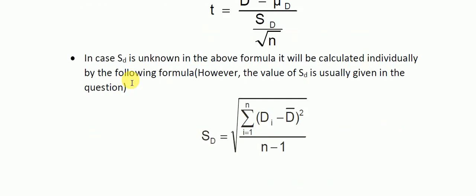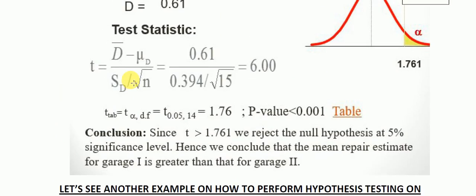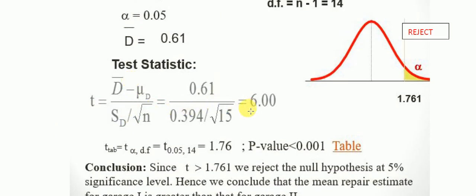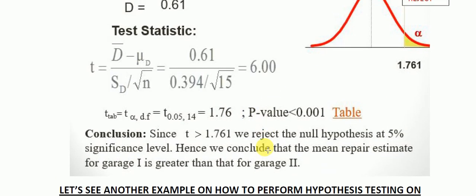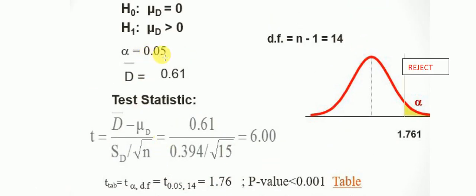So let's see. T calculated is 6, which is obviously greater than 1.761, which is t tabulated, so we reject the null hypothesis. Thus, since t calculated is greater than 1.761, we reject the null hypothesis at the 5% significance level, because alpha is 0.05 and in percentage we multiply it by 100 to get 5%.